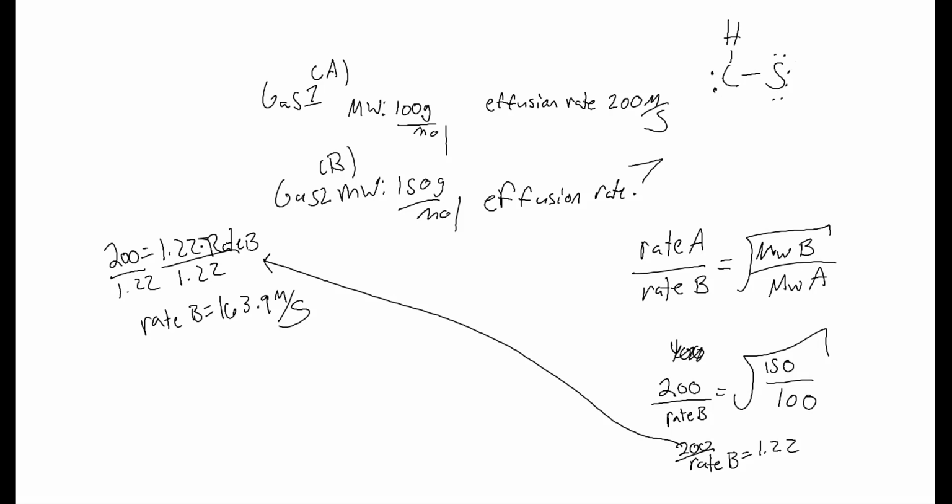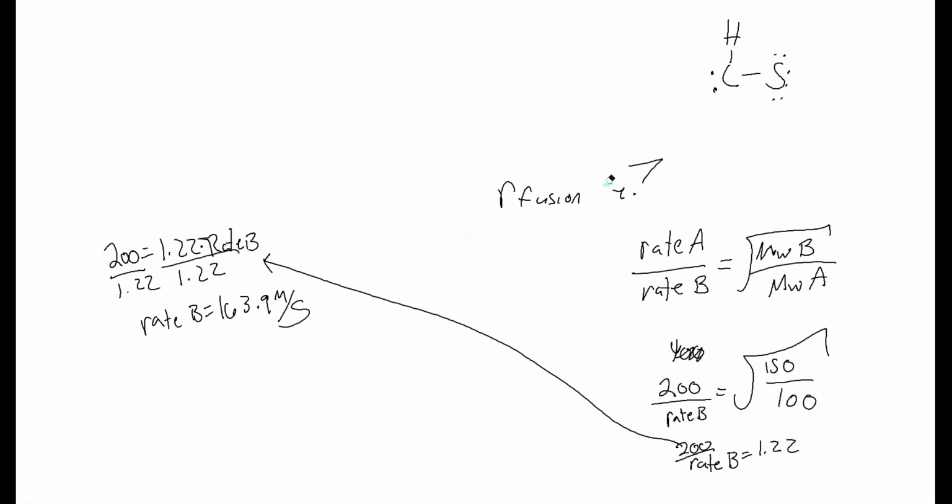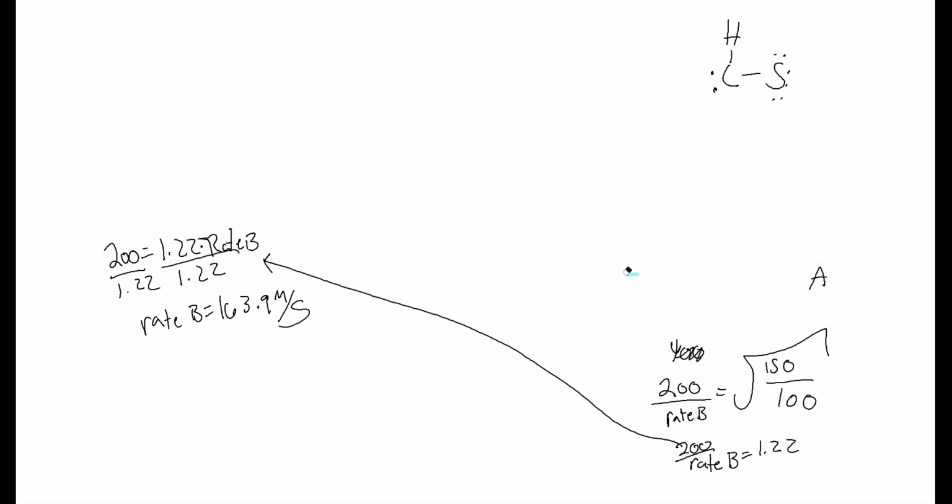Let me erase some stuff. All right, the equation for formal charge is the number of valence electrons minus the number of lone pair electrons, which I'll call LPE, plus the number of bonds.